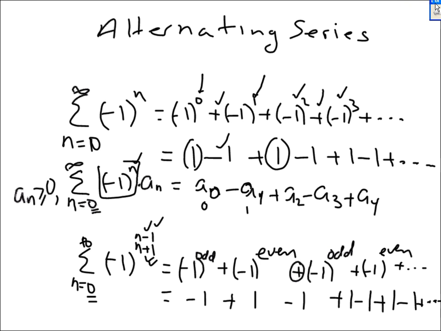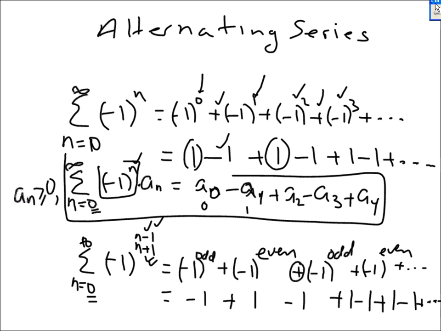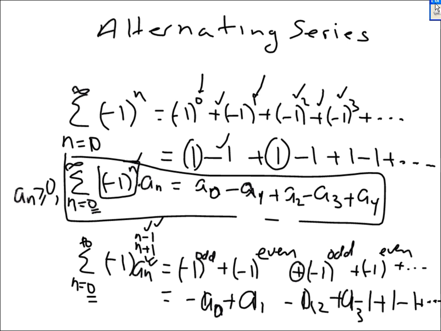So this down here is called an alternating series. We're assuming that the a sub n's are all positive. And if in the bottom one you stuck in an a sub n, well then it would just start off negative: negative a sub 0, plus a sub 3 minus a sub 4.